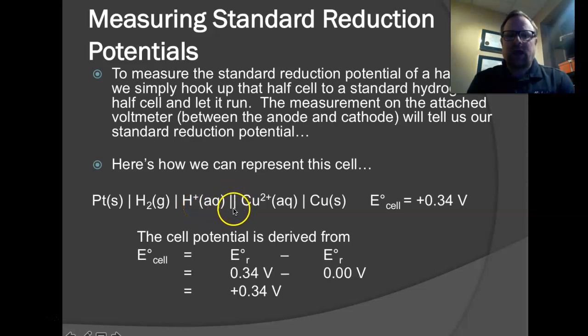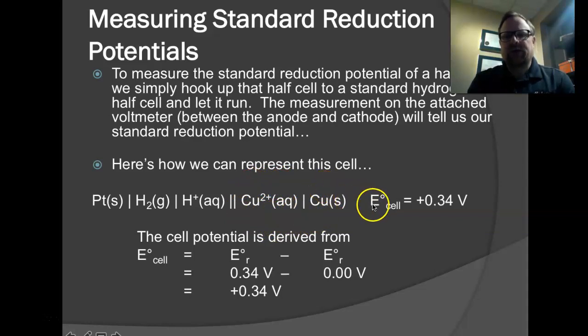Then this double line, remember, means that we have our gap between the two beakers, and so this is creating that barrier, that porous gap, or that salt bridge or whatever it might be in that particular cell. Then we have our solution in the other half cell, and then our electrode in the other half cell.